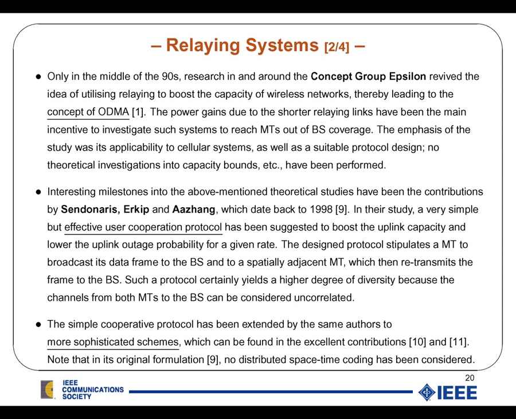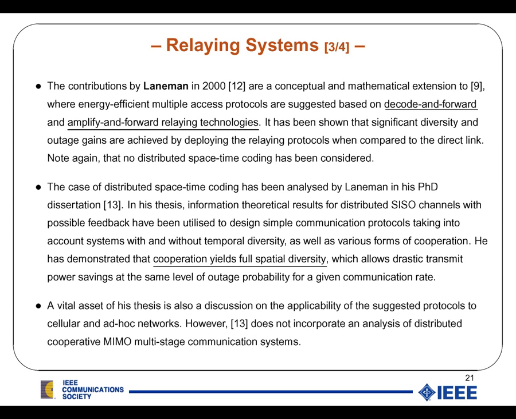As I mentioned before, the concept group Epsilon then in the 1990s investigated how that relaying system could be used in a cellular concept, and this has then been extended by Sendonaris, Erkip and Aazhang. Really, in 1998, they proposed an effective user cooperative protocol, and later on extended that to more sophisticated schemes.